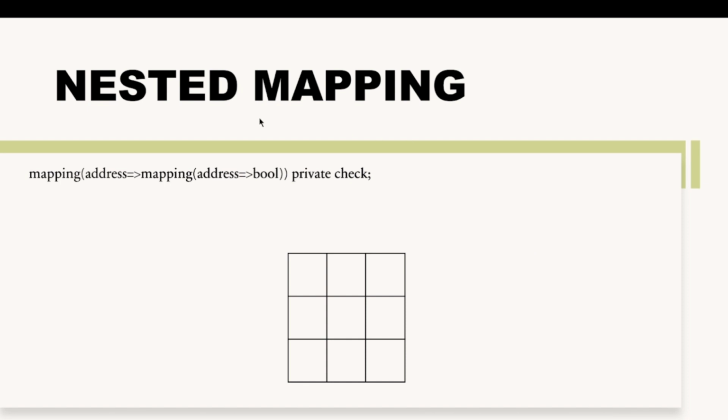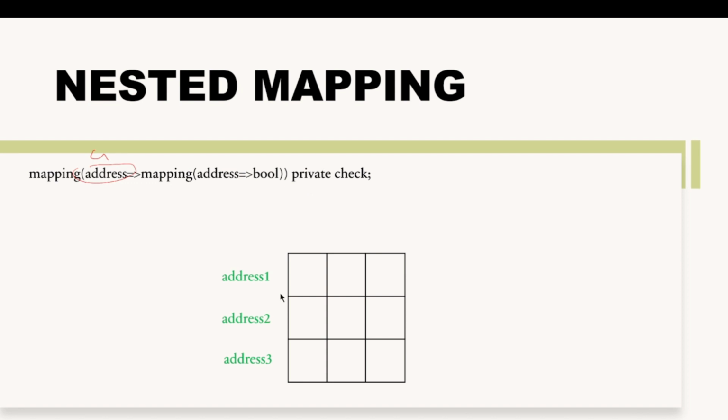Now imagine this first key written at this side like this. So address 1, address 2 and address 3 that you're seeing are actually the key values of the first mapping. All these things in green are the key values of this mapping.